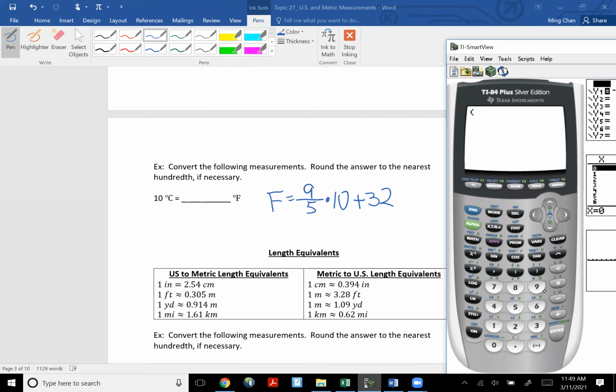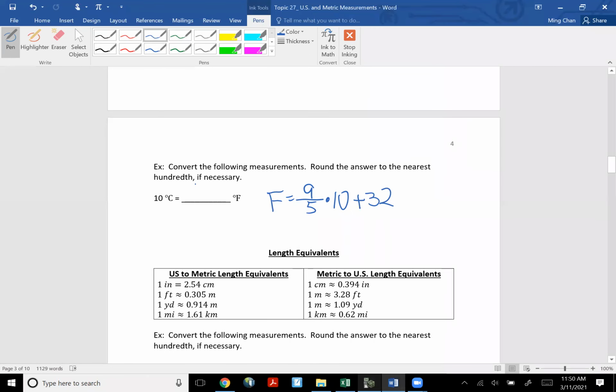So I will say parenthesis 9/5, close parenthesis, times 10. I don't have to put the 10 in the parentheses, because as long as I leave the plus sign outside, the calculator automatically sees two terms. So the calculator will perform 9 divided by 5 first, then whatever that decimal is times 10, before it ever adds the 32. So that will be 50 degrees Fahrenheit.